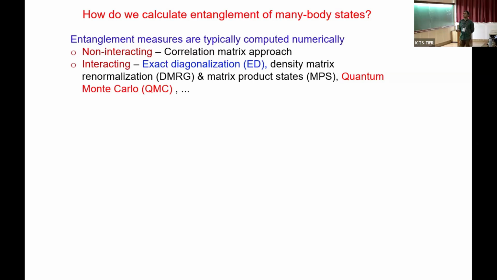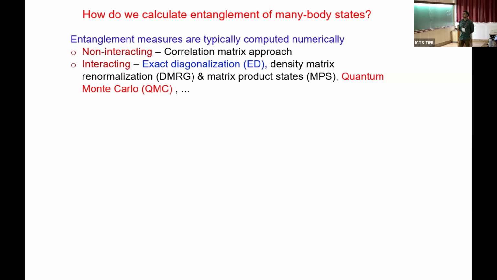For interacting systems, however, these numerical methods become extremely sophisticated. Of course, you can do less sophisticated brute-force calculations like exact diagonalization, but that is limited to small systems. Other methods are density matrix renormalization group, DMRG, and matrix-product-based approximations, and you can also do quantum Monte Carlo to calculate entanglement entropy. But all these methods have some problems.